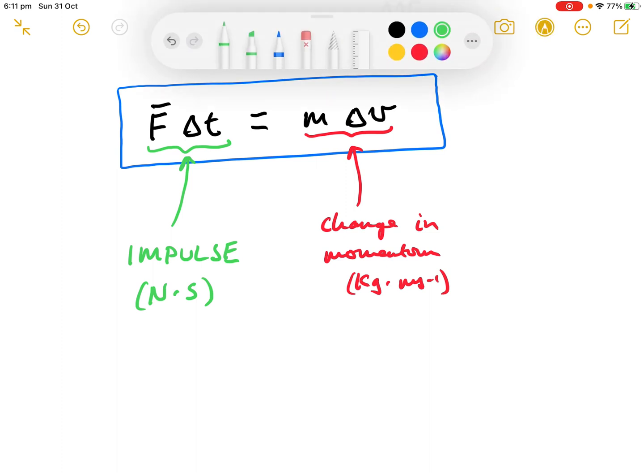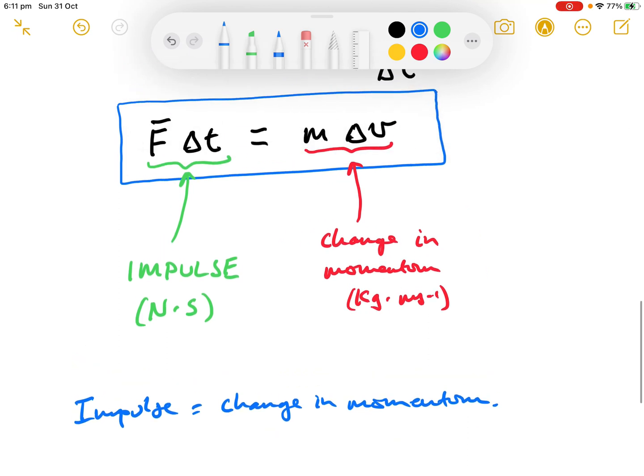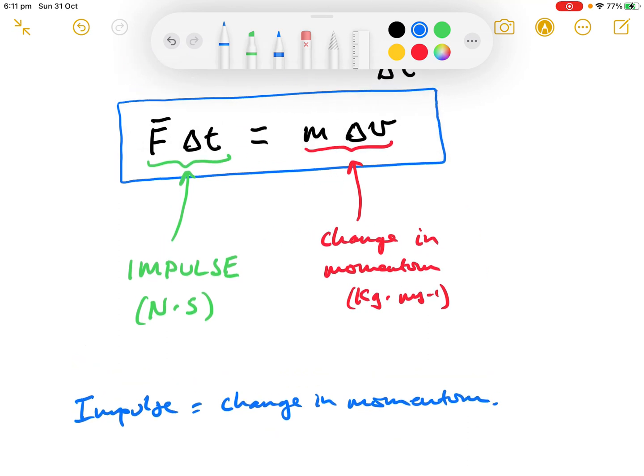In words, we could therefore write that impulse equals the change in momentum of the body. They're numerically equivalent. They've got different units, but numerically they will always be identical.